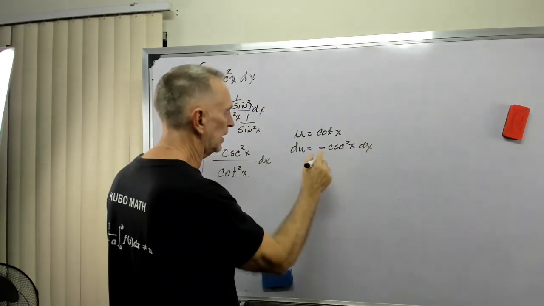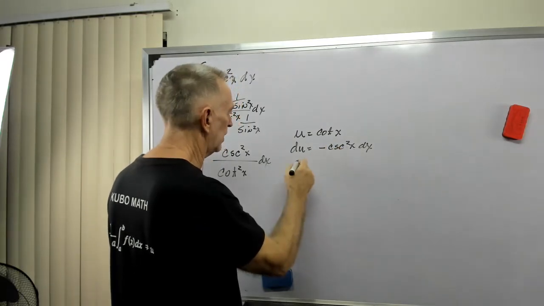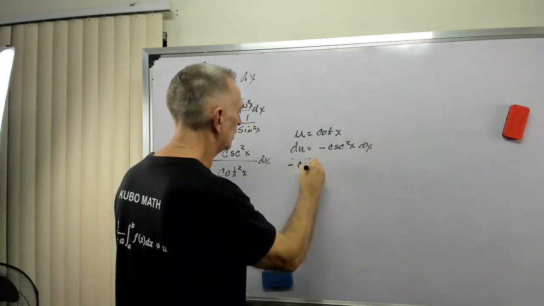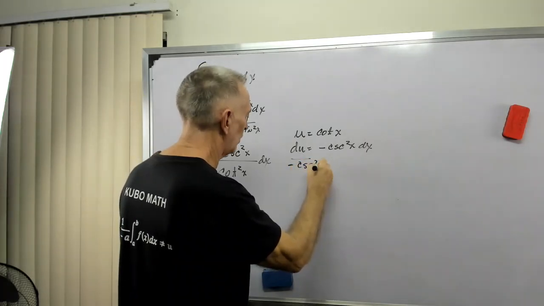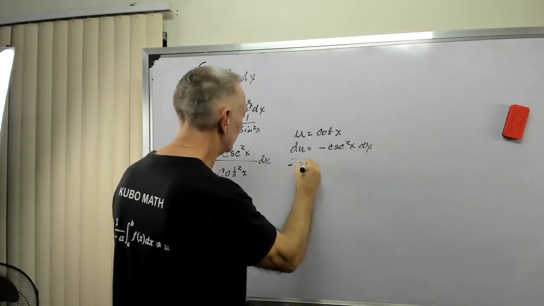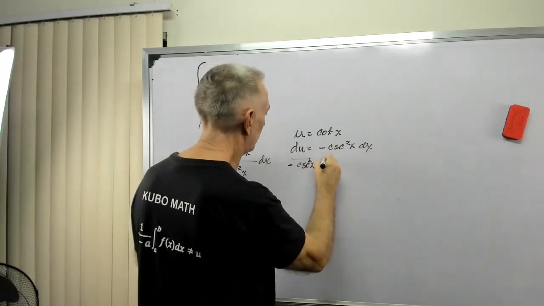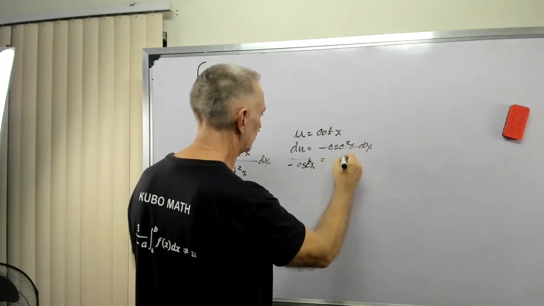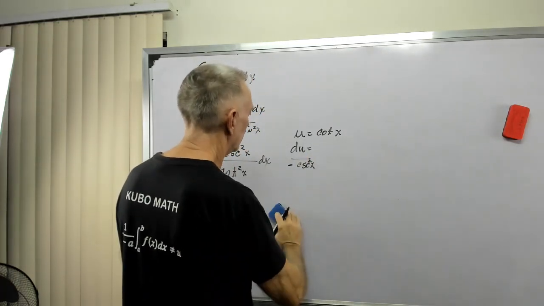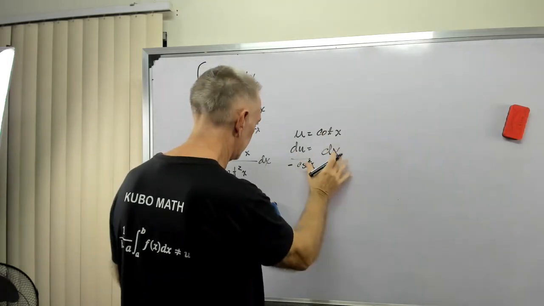If I isolate and divide both sides by minus cosecant squared x, so this one cancels obviously, and that equals dx. So du over minus cosecant squared x equals dx.